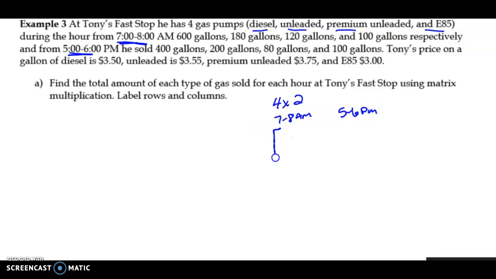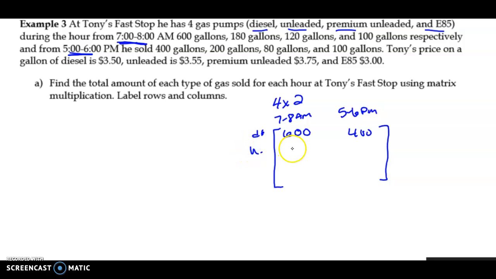Okay, so from 7 to 8 a.m., diesel, there was 600 gallons, and from 5 to 6 for the diesel, there was 400 gallons. Then we've got unleaded.